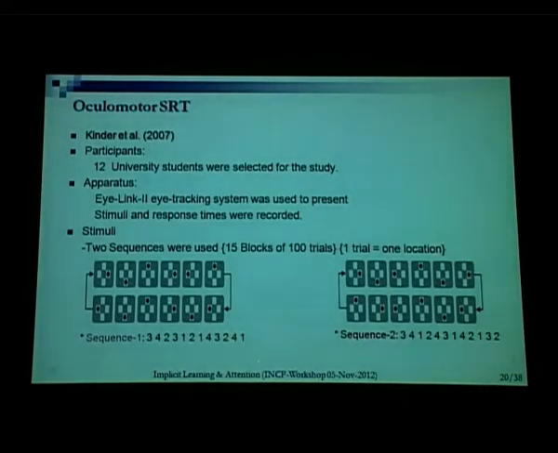So for oculomotor SRT, there is relatively less work. Basically you ask subjects to move their eyes, so the saccadic system is doing implicit learning, and you look at whether you get similar effects. One study in 2007 basically follows the classic paradigm, except now the stimulus and the response are directed to the same location, right?